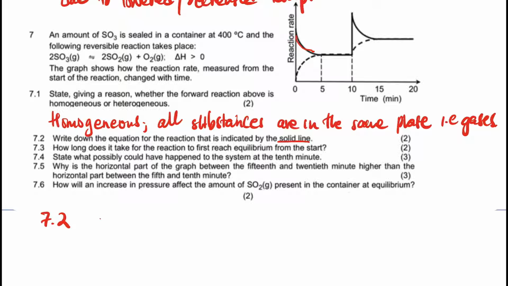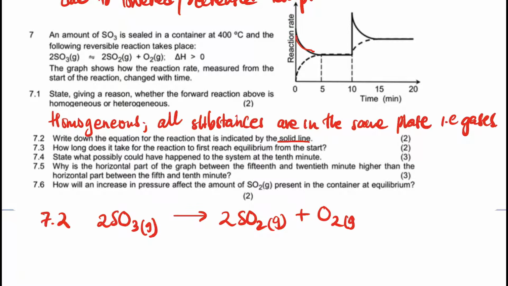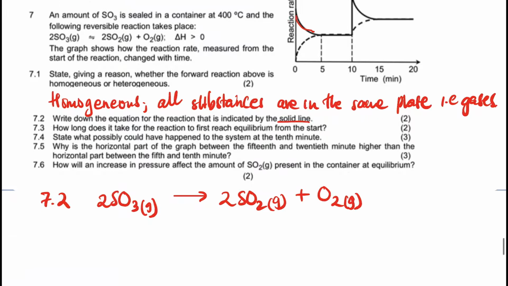So I'll have 2 mole of sulfur trioxide in a gaseous state, and the arrow that is forward must be the full arrow, not the half arrow like that. And then 2 mole of sulfur dioxide in a gas state, plus the oxygen gas, right? So that's the forward, guys.